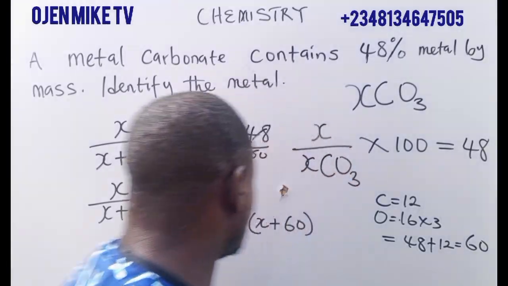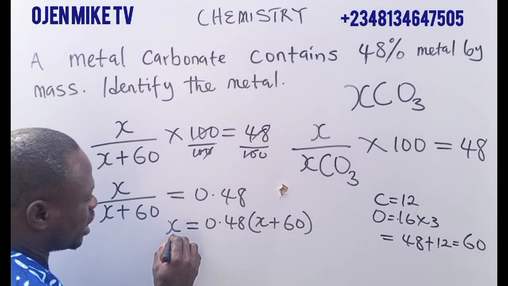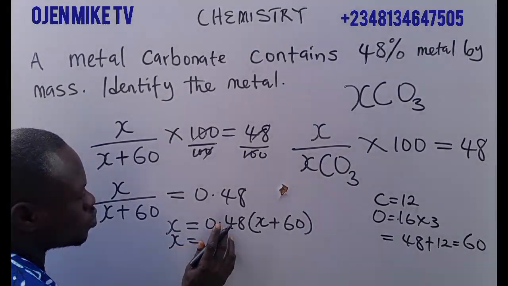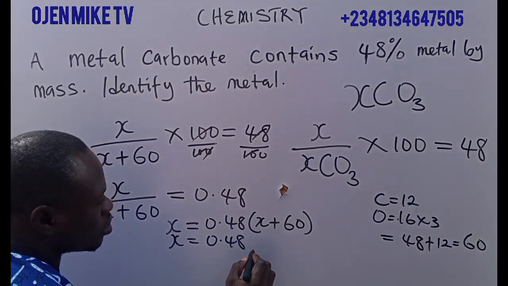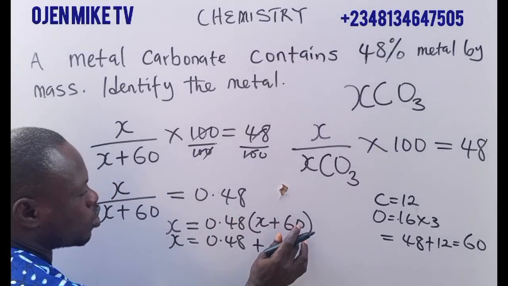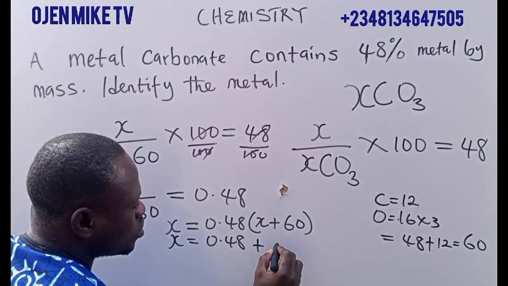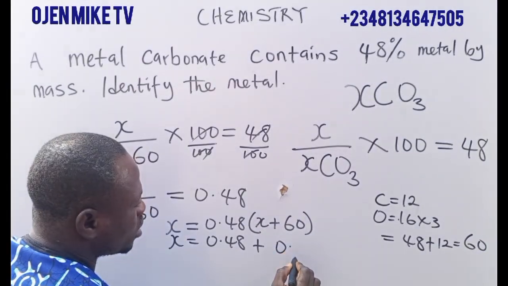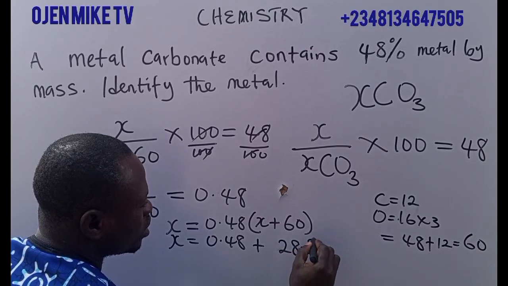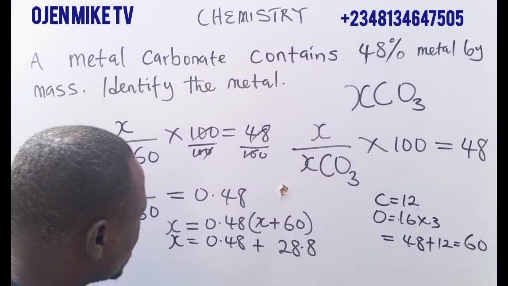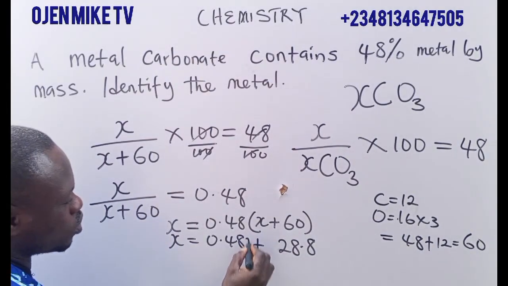All right, now let's proceed. If you have X here, it will be equal to multiplying this one by this one gives you 0.48X, plus multiplying this one by this one gives you 28.8. Do you get that? So now, sorry, this one will be X.